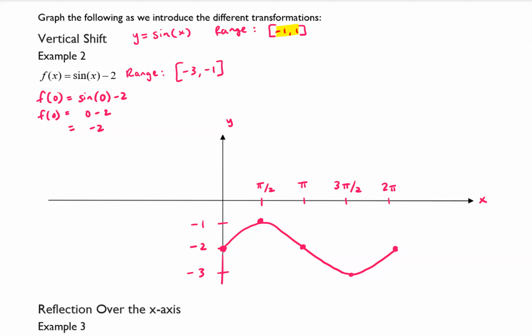And then, you can always continue on. The next x value would be 5 pi over 2. And I could put a dot here, and it would look, so on and so forth. So that is how we graph f of x equals sine of x minus 2.